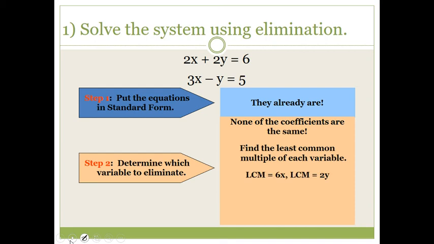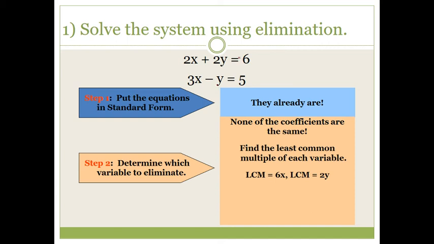Between 2x and 3x, the least common multiple would be 6x. I could choose to multiply this top equation by 3, and that would produce a 6x here, and then turn right around and multiply the bottom equation by negative 2, and that would produce a negative 6x on the bottom.